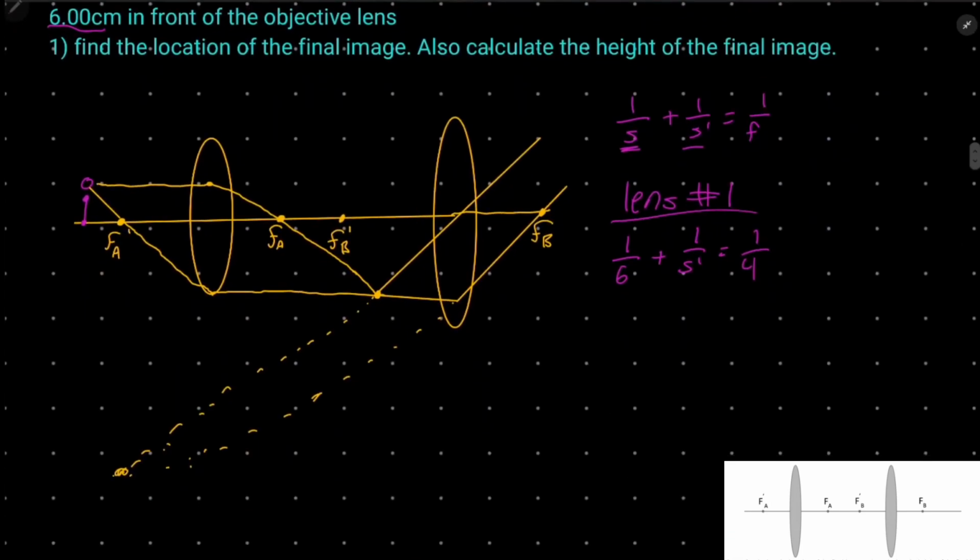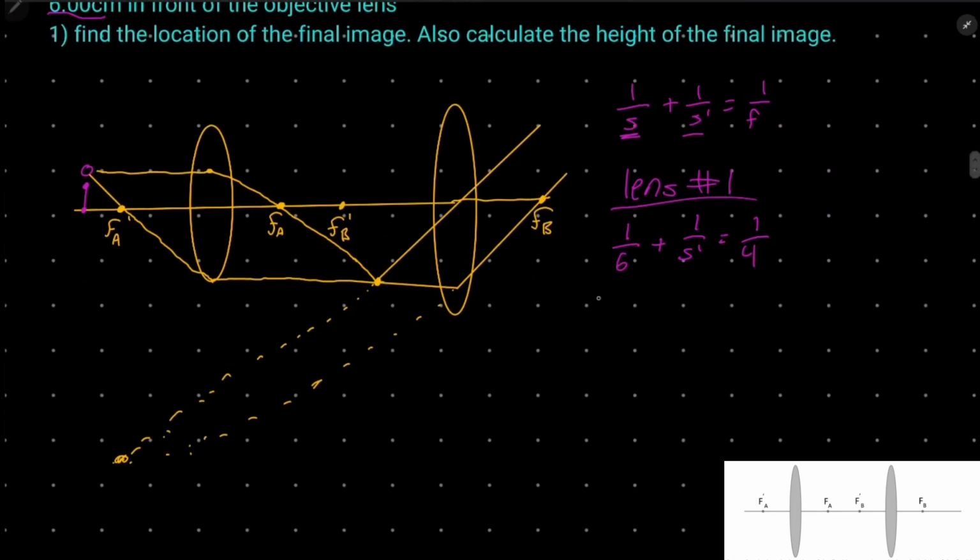And now we just solve. We will move our 1 over 6 over to the other side, so we'll end up with 1 over s prime equals 1 over 4 minus 1 over 6. Now we just plug that into our calculator and we will get some decimal.